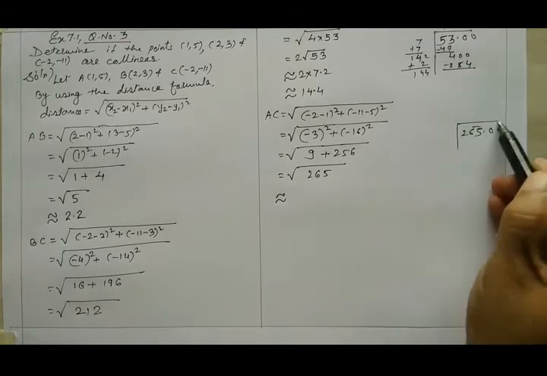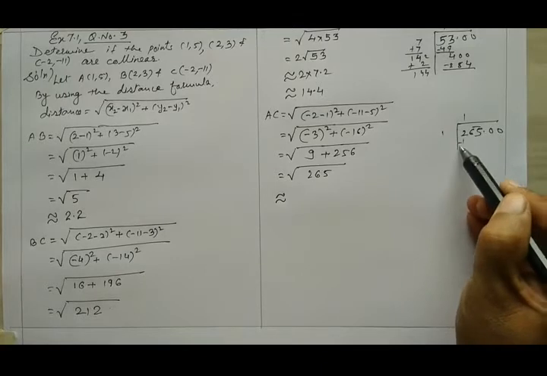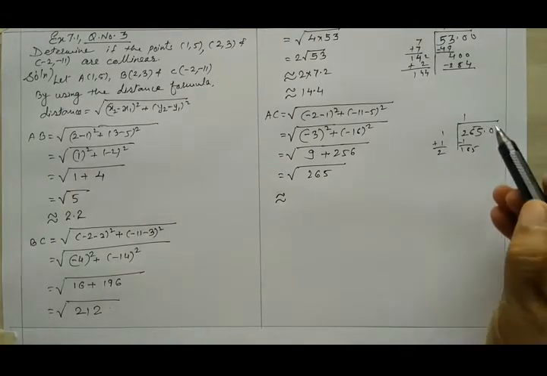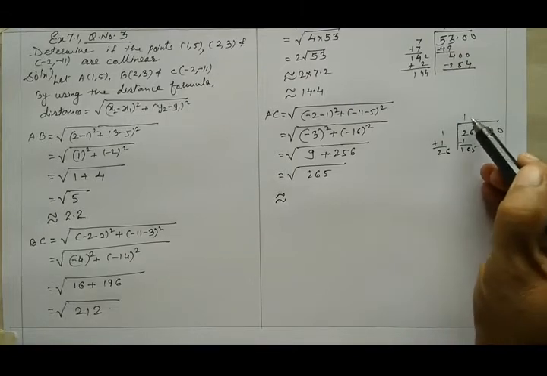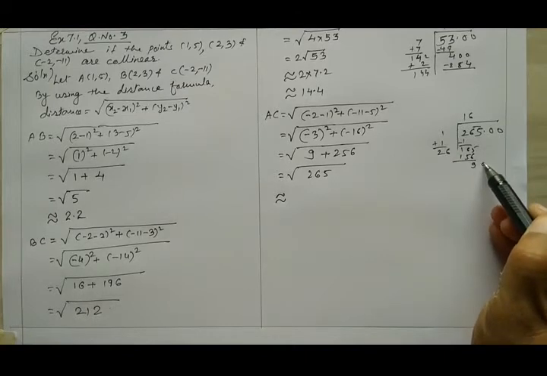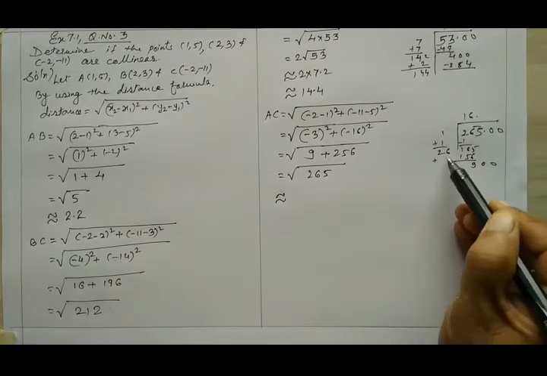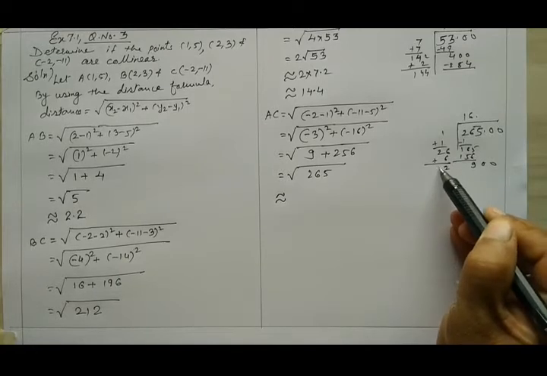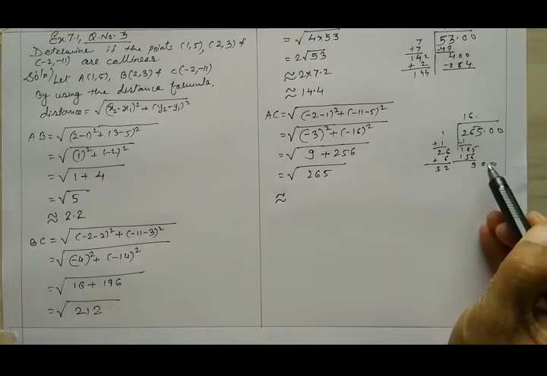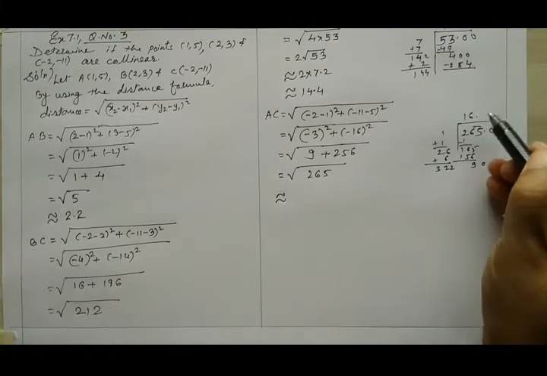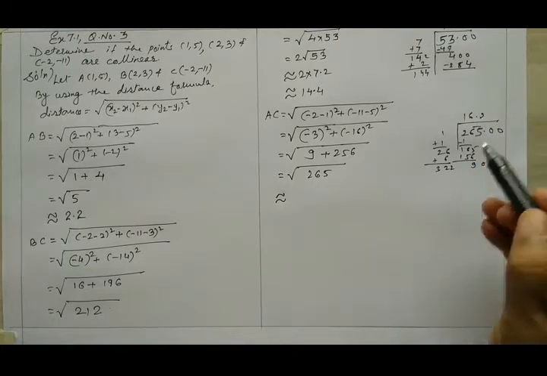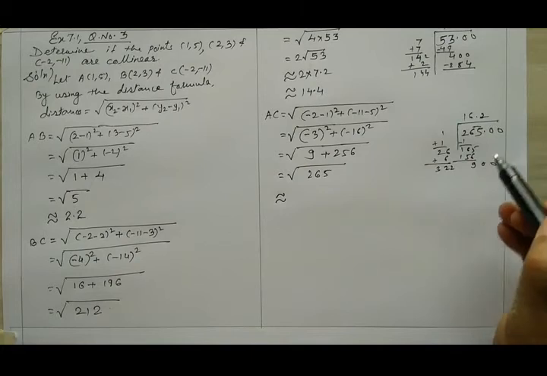Here 2, then 26 and so on, 165, then 156, so it is 9. You take 3, then it will be more than 900, so you take 2 here and take 2 here.